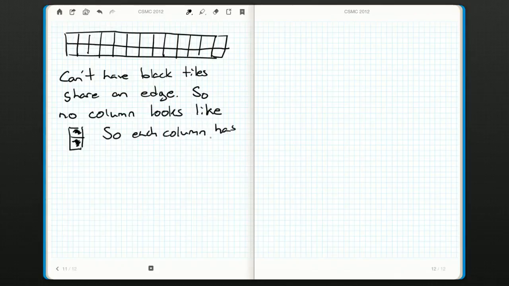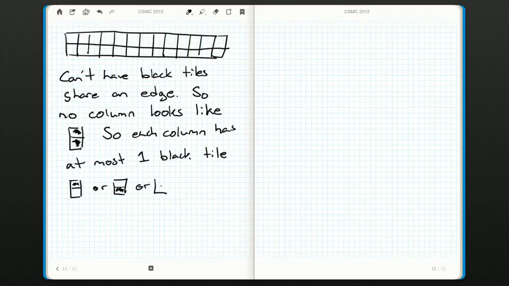So each column has, at most, one black tile. So these are our possible arrangements of tiles in a single column. Black then white, white then black, or white and white. So, each black tile gets its own column. We have 11 black tiles and 13 columns.